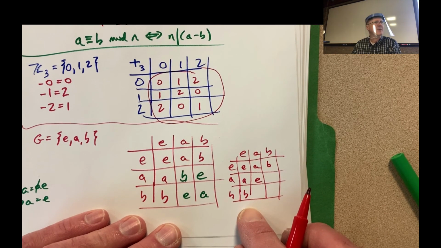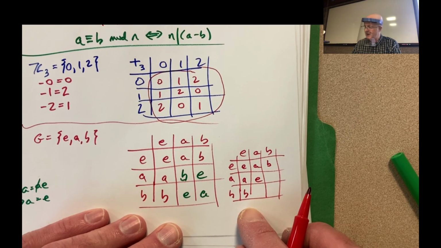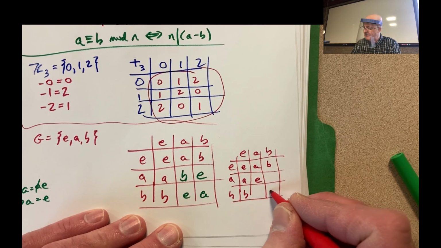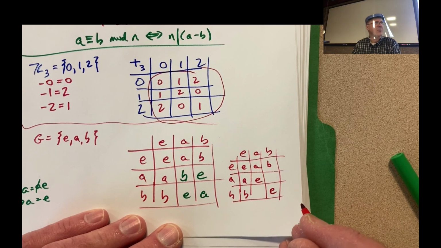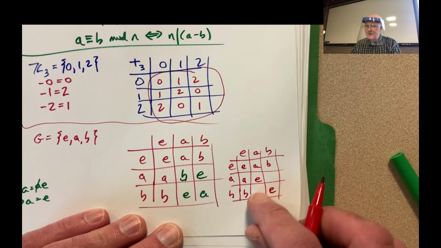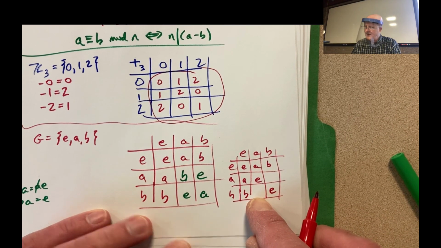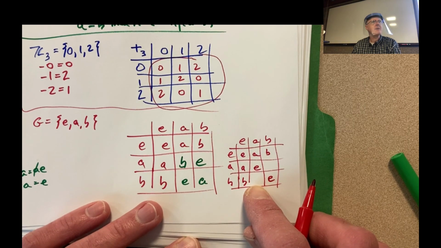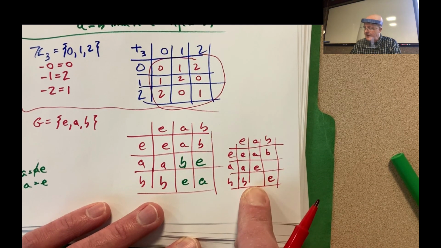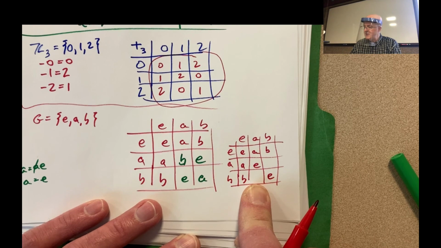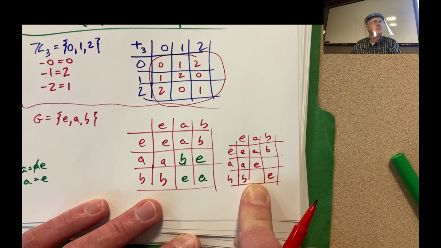B has to have an inverse as well. I guess inverses are unique, so the inverse of B would have to be E itself as well. What do I put here and here, though? There's a problem either way. Whether I choose A or B, there's a problem.